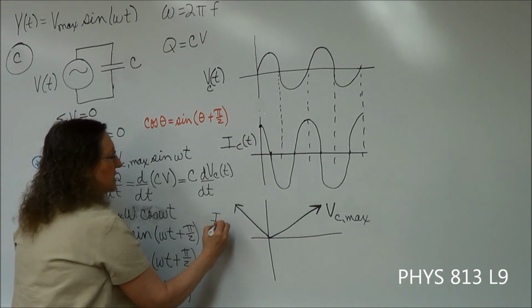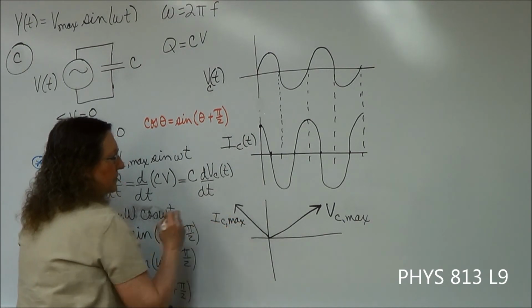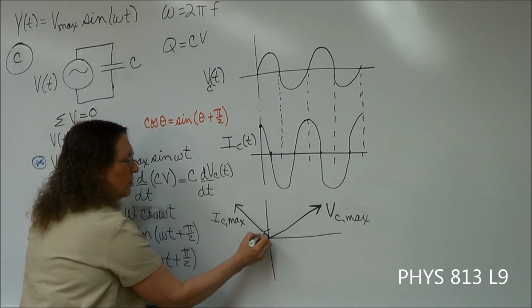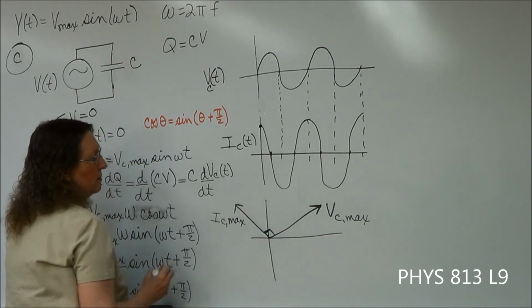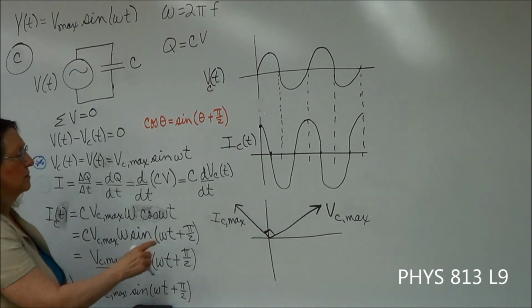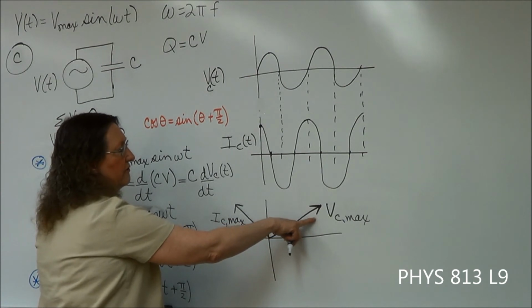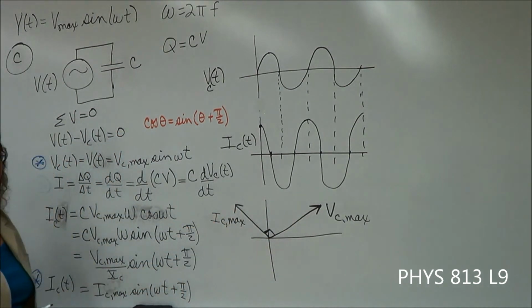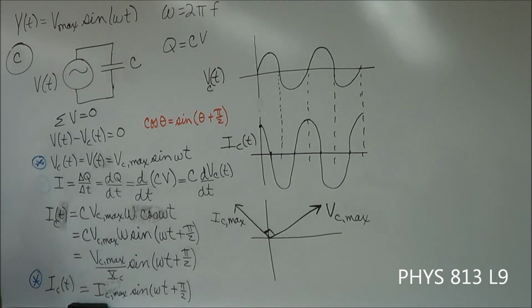So this is I at the capacitor max. And note, you might want to actually draw this, these are perpendicular, so I'll put the little square there to show that the current is perpendicular to the voltage. They're different by 90 degrees. 90 degrees is perpendicular, so the 90 degrees is the pi over 2.